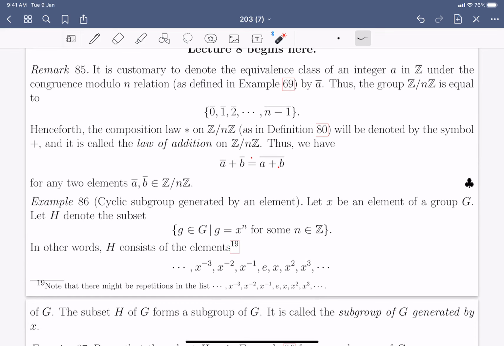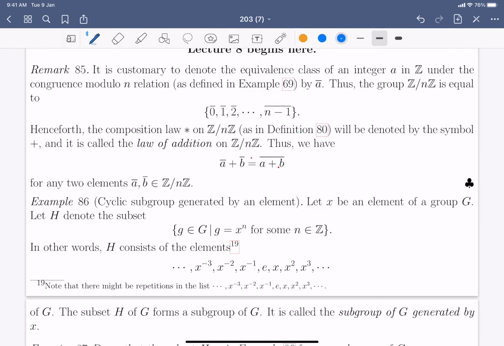If you take two equivalence classes Ca and Cb, or as per our present convention, two equivalence classes a bar and b bar, their sum is defined as the equivalence class of a plus b. There is some room for confusion here because the plus symbol appears twice, and these two pluses are different.